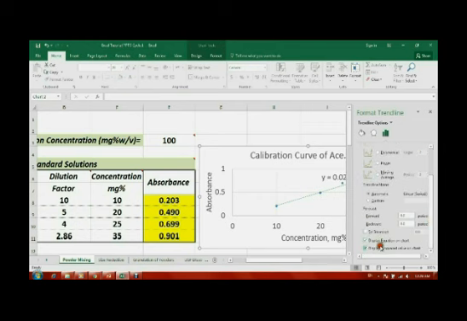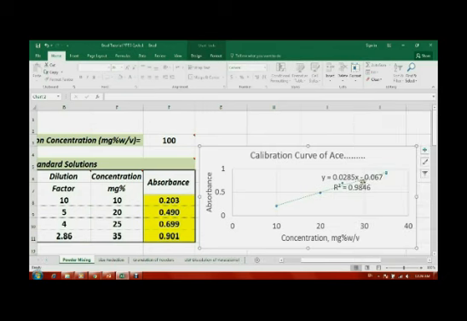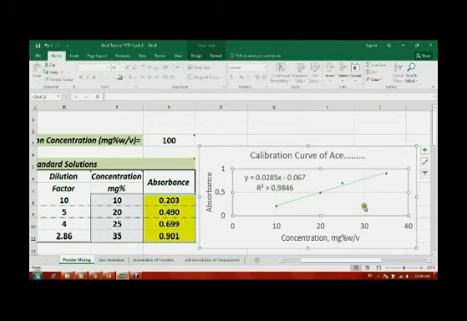Now, you need to arrange your data in a similar table as you can see. Mixing profile or mixing samples should be arranged according to the time.